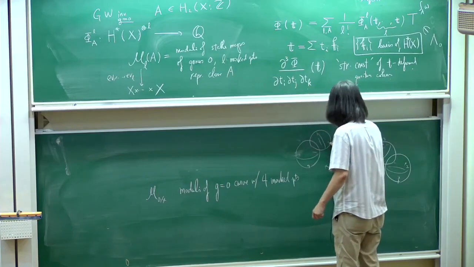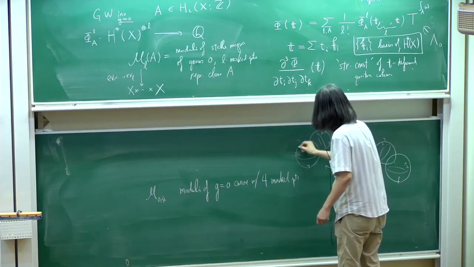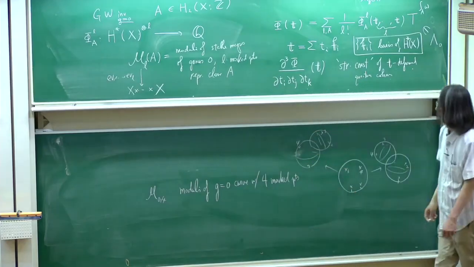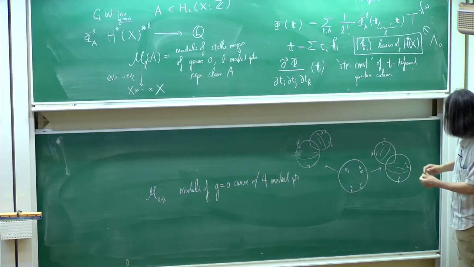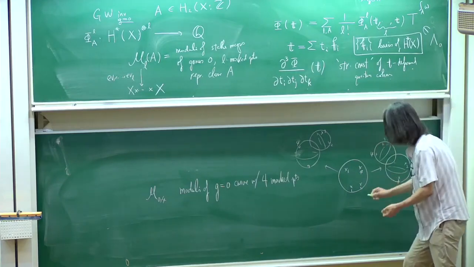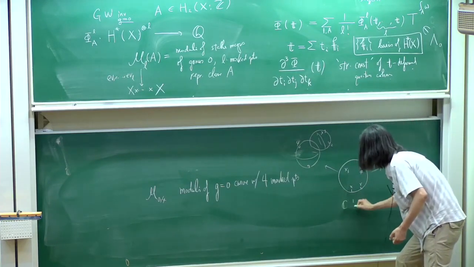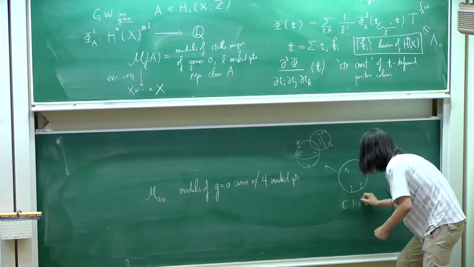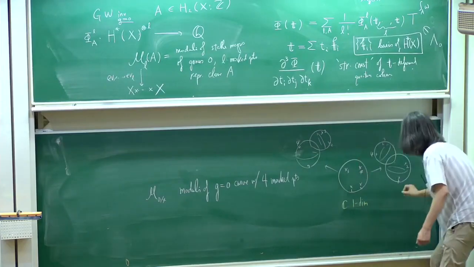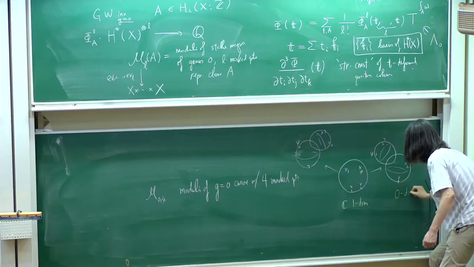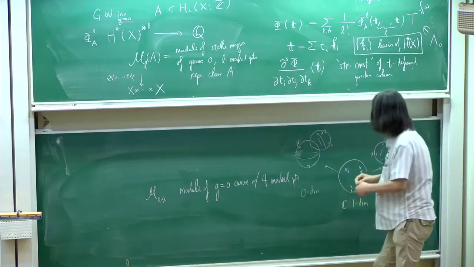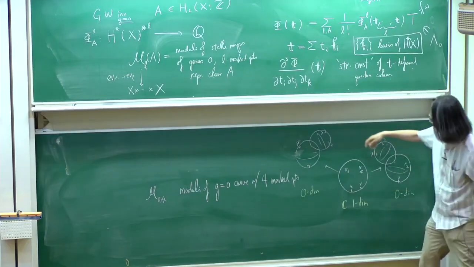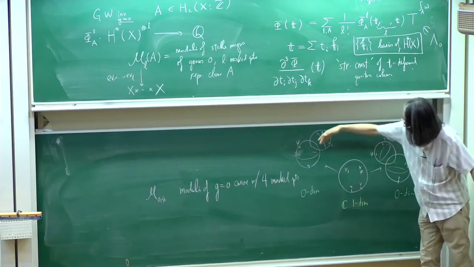So here is 2, and here is 3, and here is 4. And then this moduli is complex 1-dimensional. And this is 0-dimensional, in the moduli. And so you just consider a path from here to here.